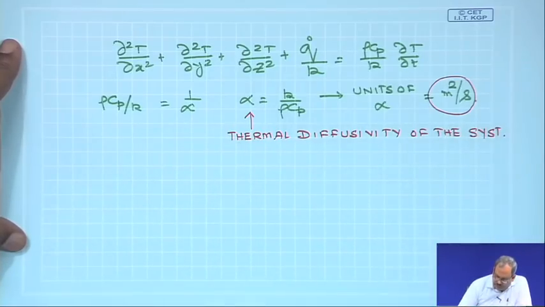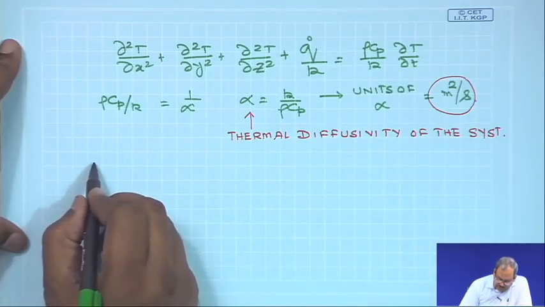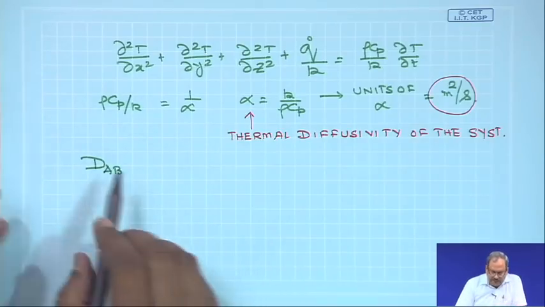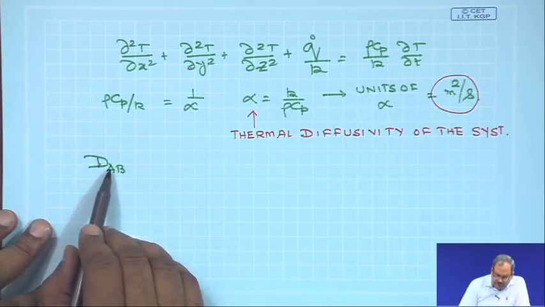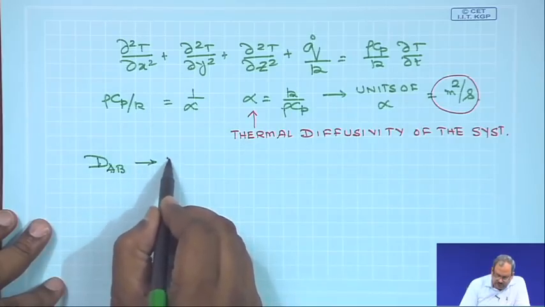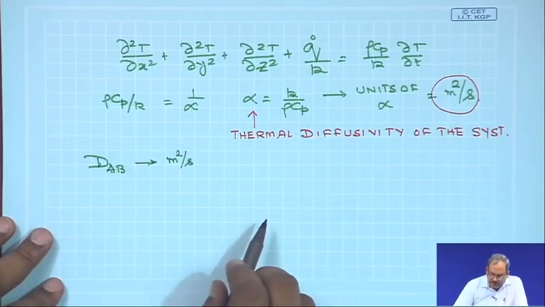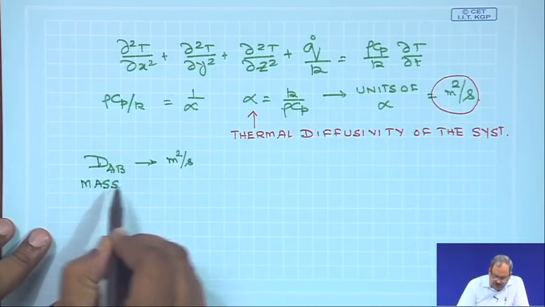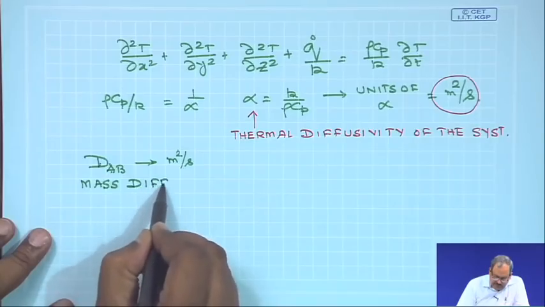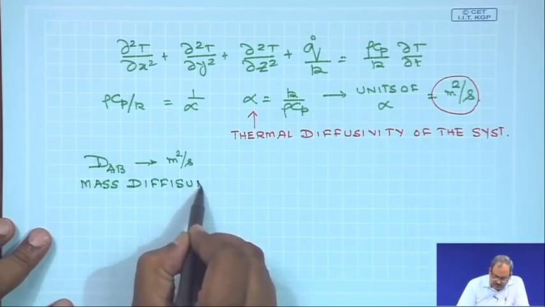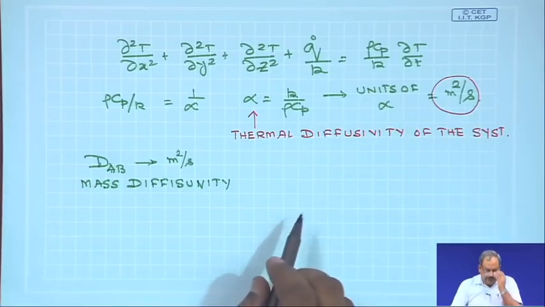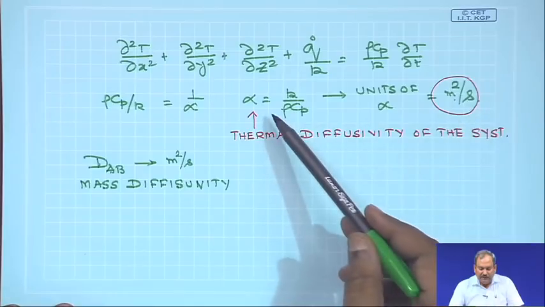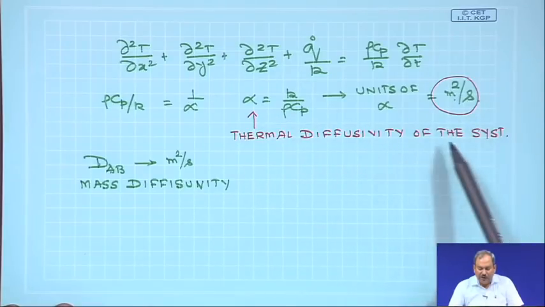If you would probably read later on is for the mass diffusivity, which is denoted by DAB, which is the diffusion coefficient of A in B, and also has units meter square per second. So, this DAB, which more commonly we call only diffusivity, is simply the mass diffusivity, but here we have a quantity which also has meter square per second, and that is why it is known as thermal diffusivity of this system.